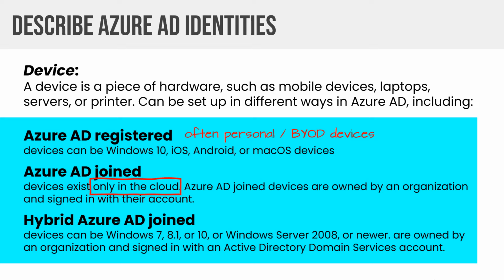So for hybrid organizations that are using Active Directory and also using Azure AD, the hybrid Azure AD Join option is the go-to solution. But the key there for hybrid, remember, it can exist on-prem or in the cloud, and Active Directory Domain Services is involved.